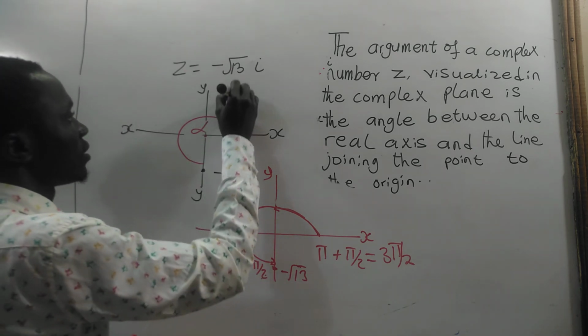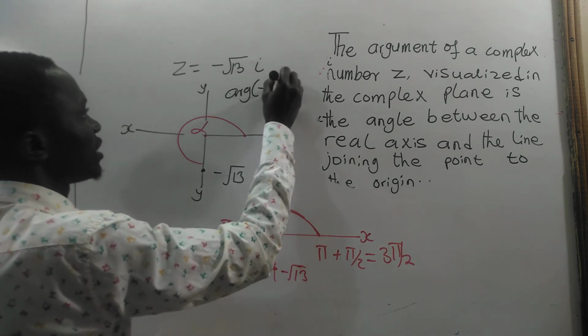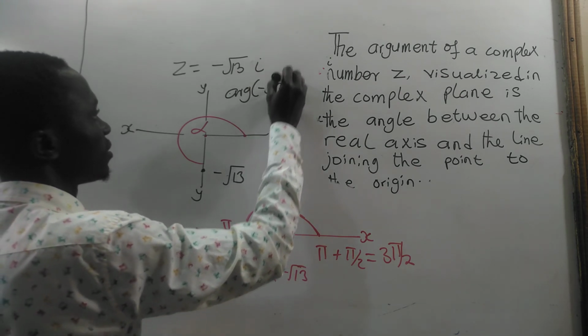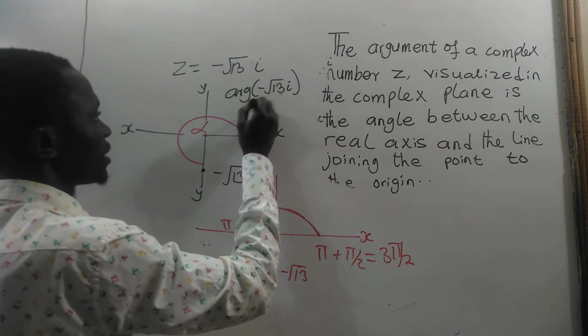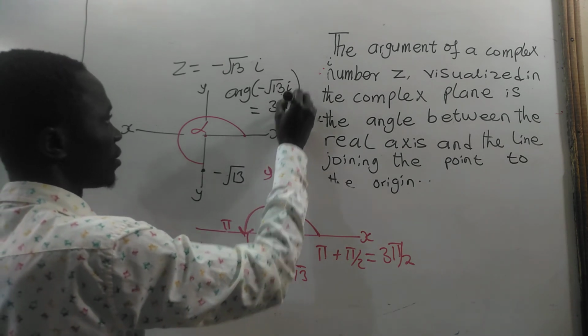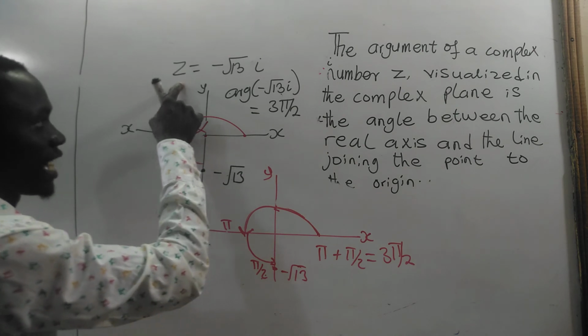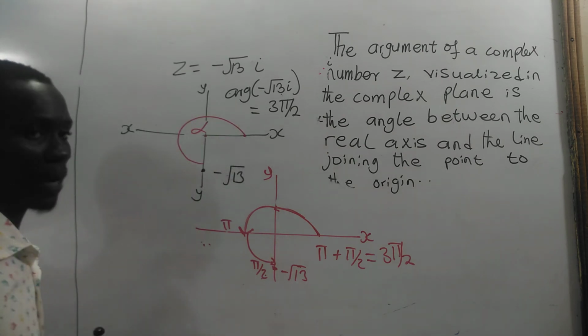So here the argument of negative root 13i is equal to 3 pi on 2, or the argument of z is equal to 3 pi on 2.